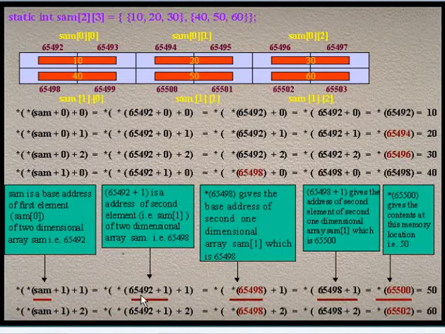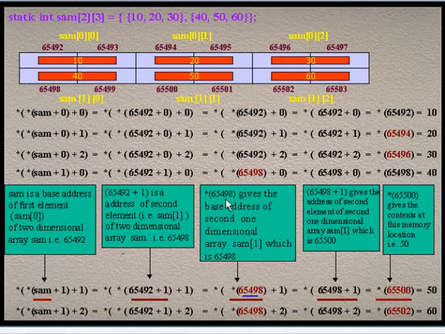So 65492 plus 1 is equal to 65498, and now we'll evaluate *65498. We know that 65498 is an address and *65498 means the content of that address. But this is the address of an element of the two-dimensional array, which is again a one-dimensional array, and the name of a one-dimensional array is the base address.